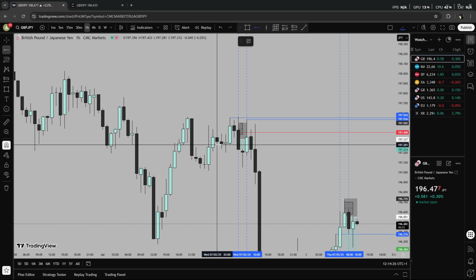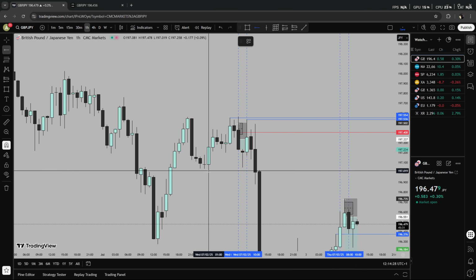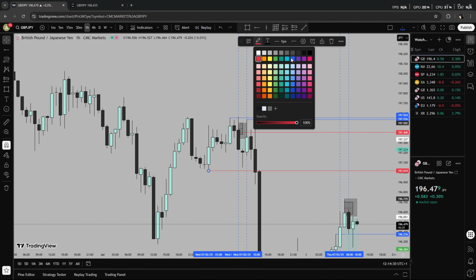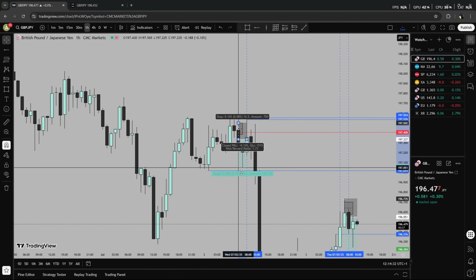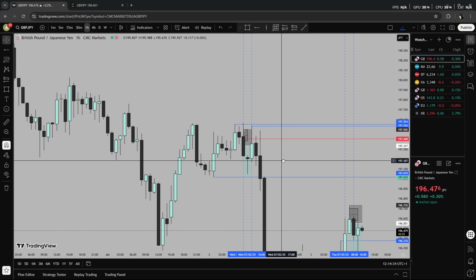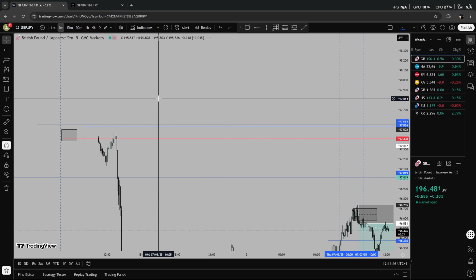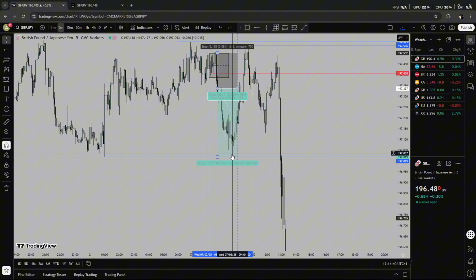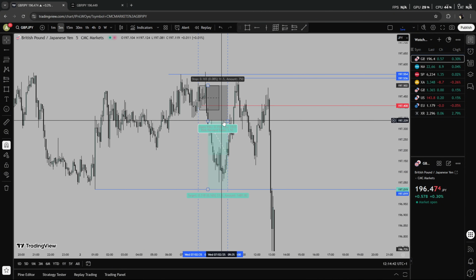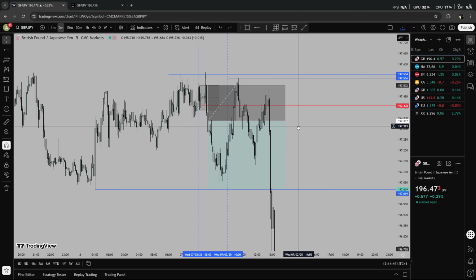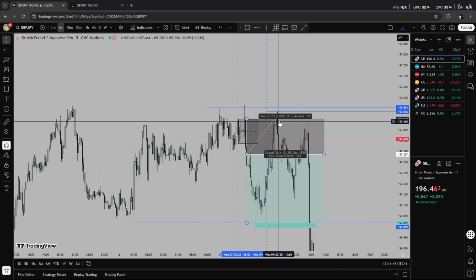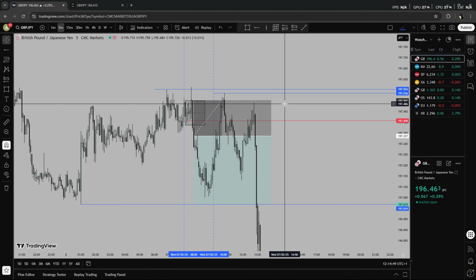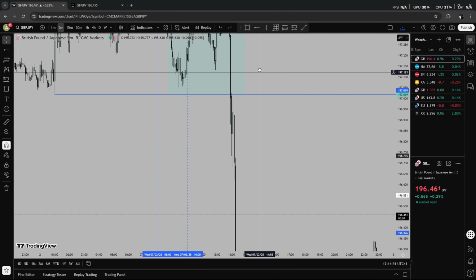This was Asian session lows right here, and my full take profit was here. It literally came down, it got so close to touching it, but it just didn't touch it. And then we came up, we got stopped out with wicks, and then we came back down.